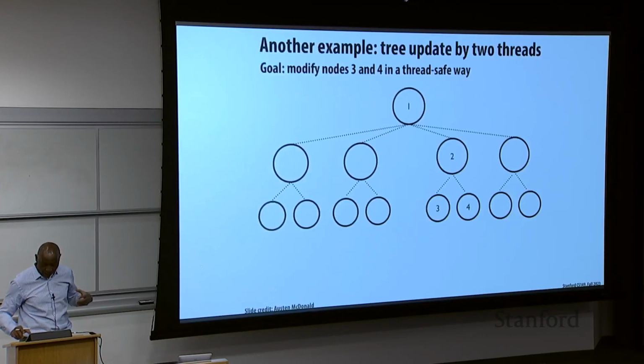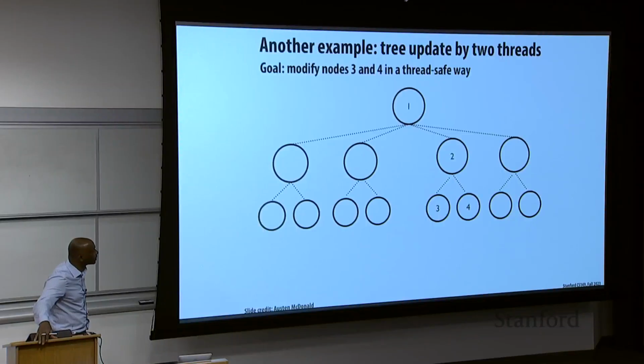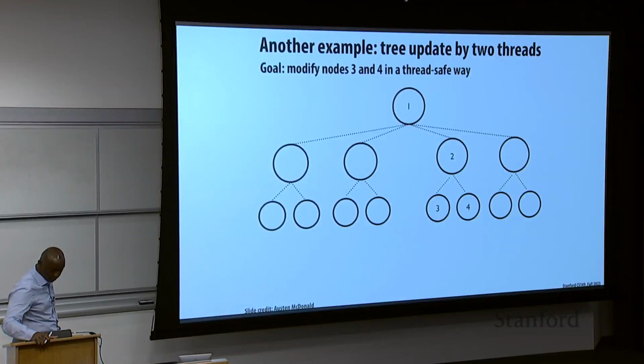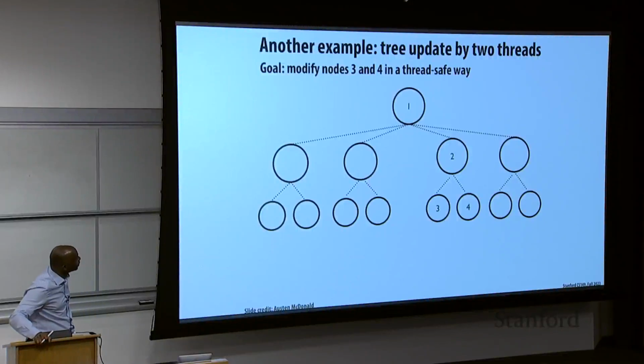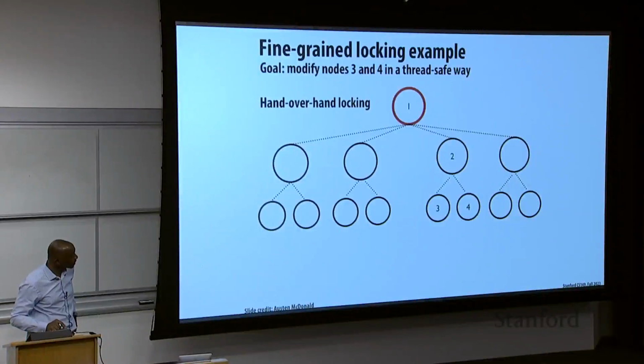So let's look at the performance of a transactional system in the context of a tree update by 2 threads. We've got a tree, and we want to modify nodes 3 and 4 in a thread-safe way. Let's assume that we're going to use fine-grained locking, so we're going to do some hand-over-hand locking, and we need to lock the path to node 3.